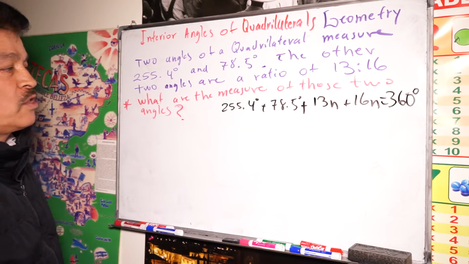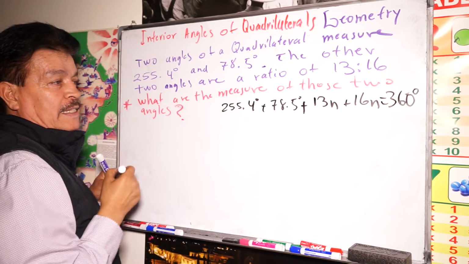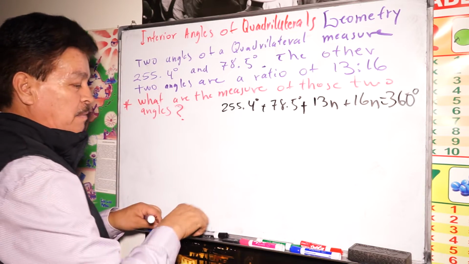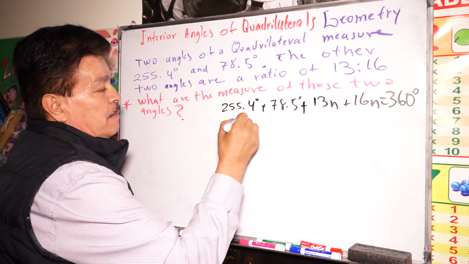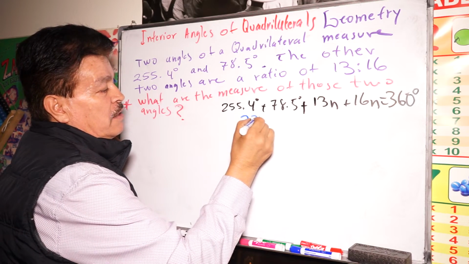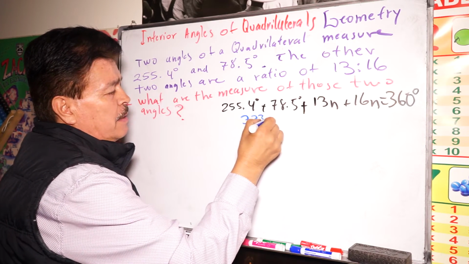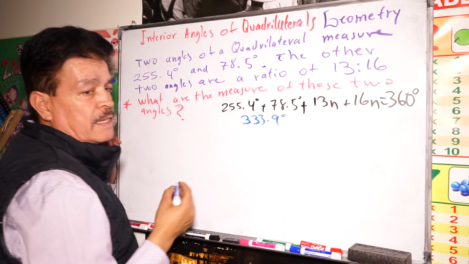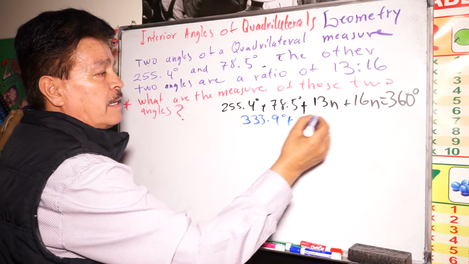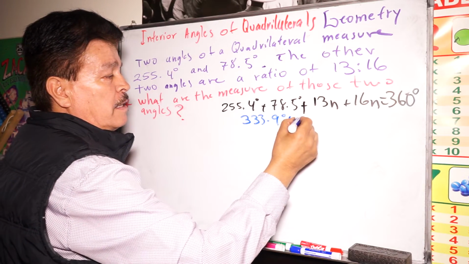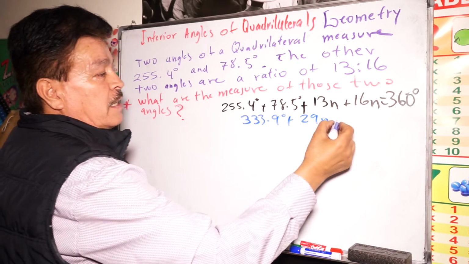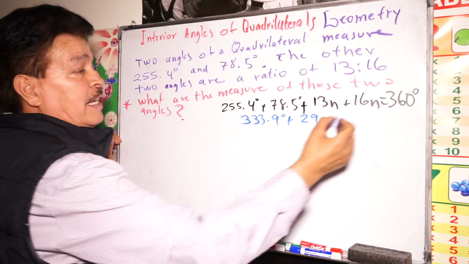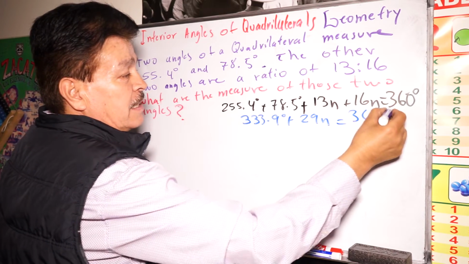Now combine the like terms. We are going to have 333.9 degrees plus 29n equals 360 degrees.